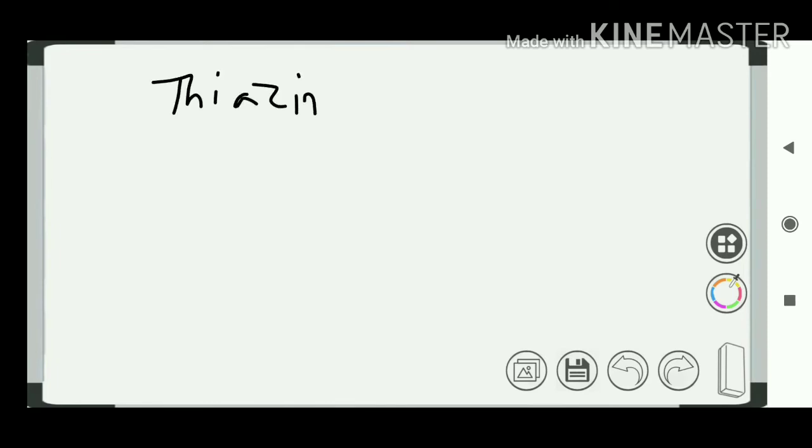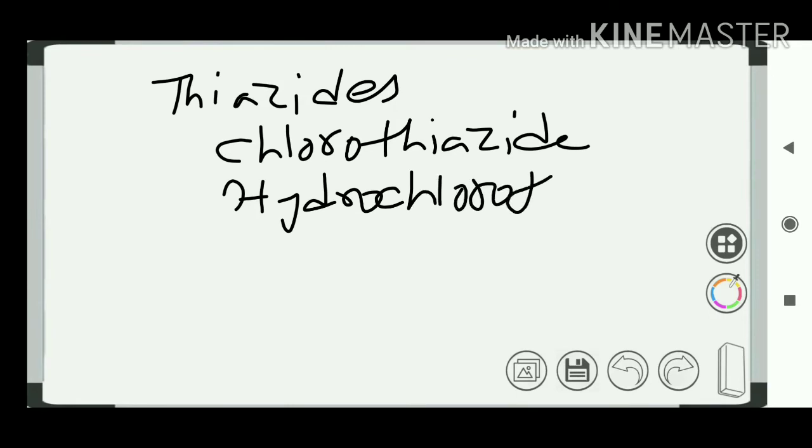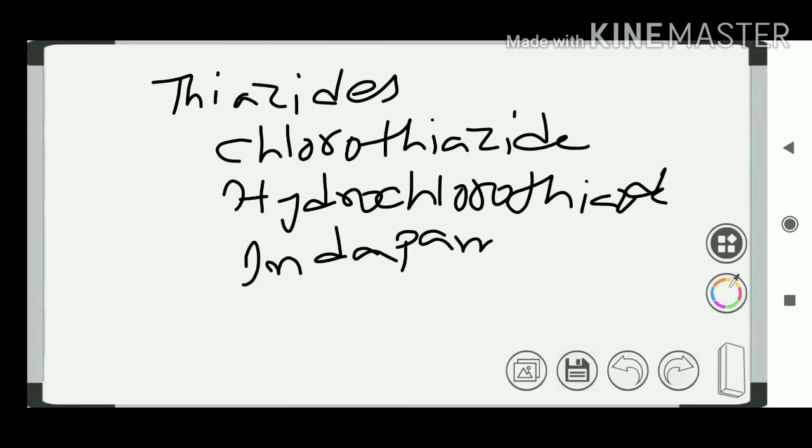For thiazides, what we are going to use are chlorothiazide, hydrochlorothiazide, indapamide, then metolazone. So these are the thiazides.